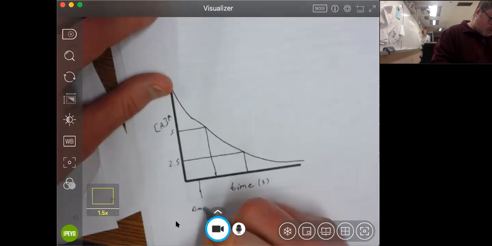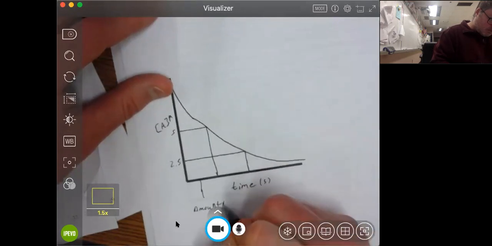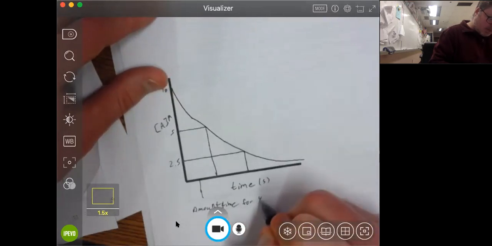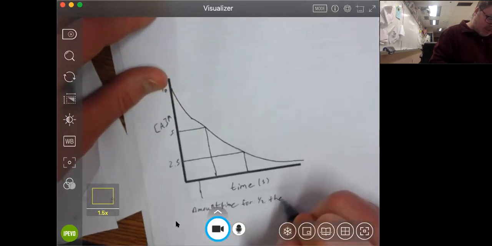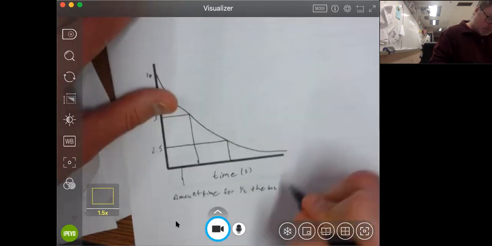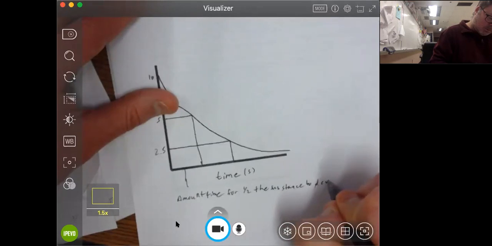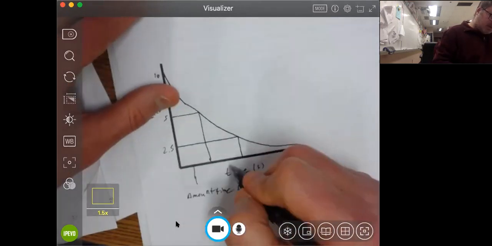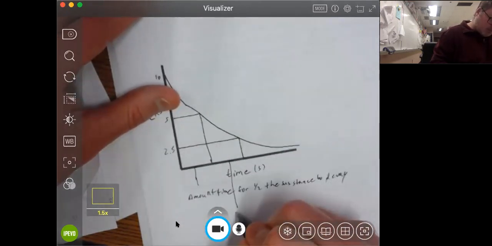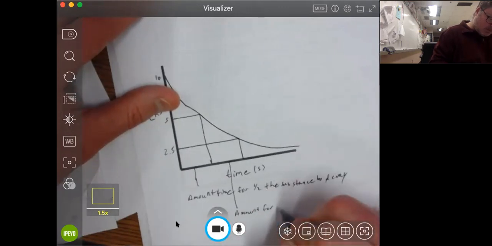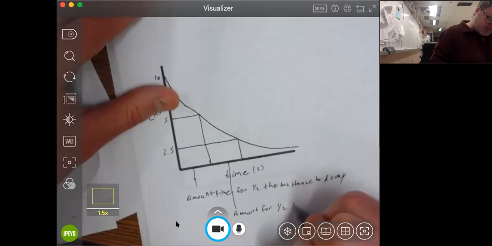This is the amount of time for half the substance to decay, and this is the amount of time for half the substance to decay again.